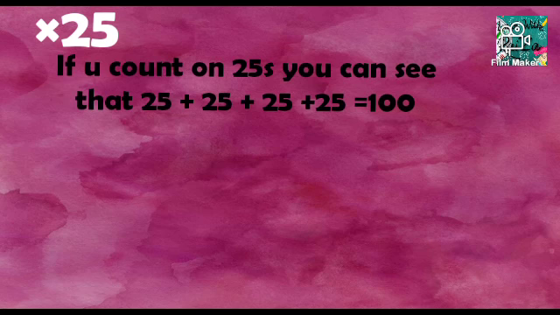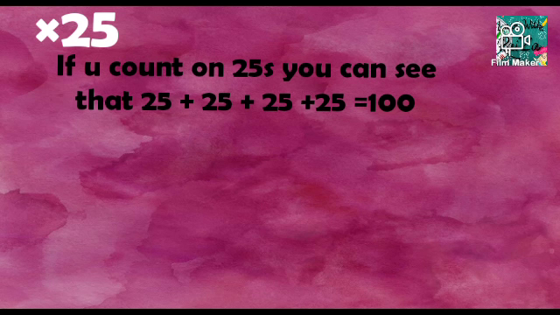Finally, let's move into multiplying by 25. Now I am going to teach you the shortcut methods of multiplying a number by 25. If you count in 25s, you can see that 25 plus 25 plus 25 plus 25 will give you 100. In other words, the sum of 4 25s will give you 100.